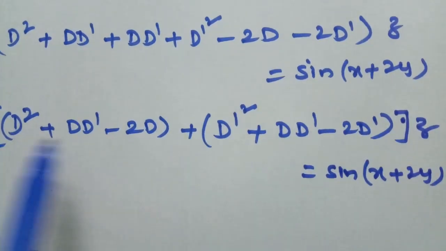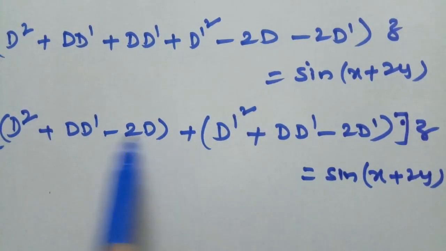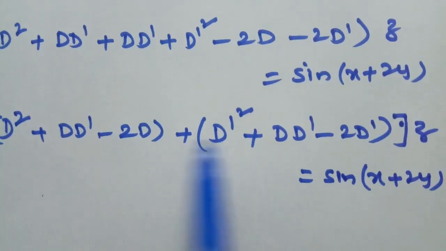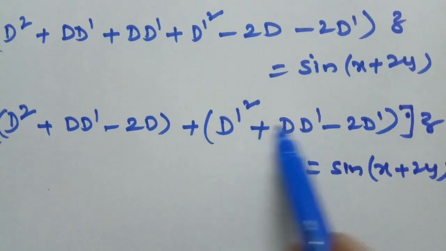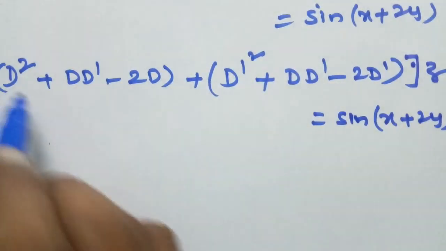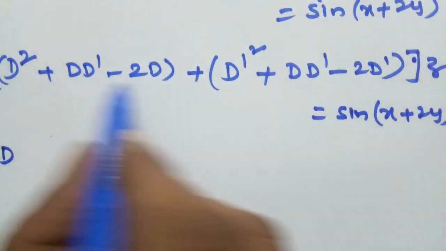Now here clearly D is a common factor here, D dash is a common factor here. So to get D as a common factor here and D dash as a common factor here, I grouped like this. Therefore take out D as a common factor in the first group.